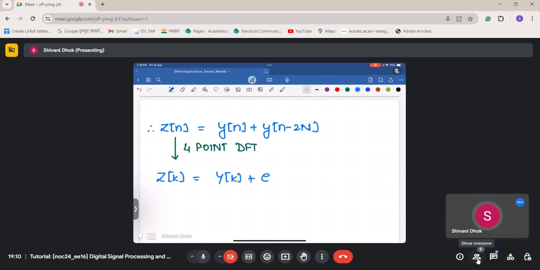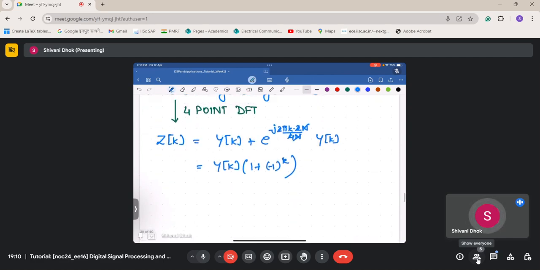So it will be e power minus j 2 pi k into 2N by 4N, multiplied by y of k. So this is equal to y of k inside the bracket 1 plus, this gets cancelled, so it will be minus 1 to the power k. So this is what I'm having here.